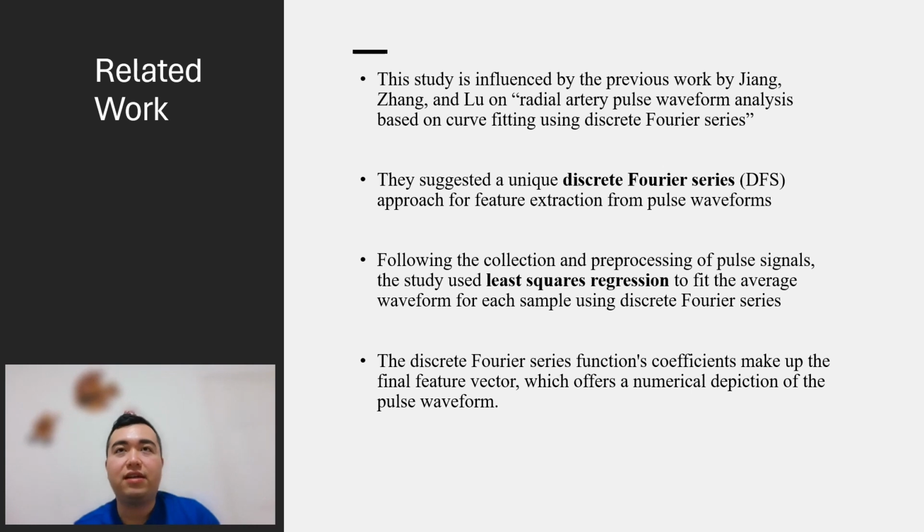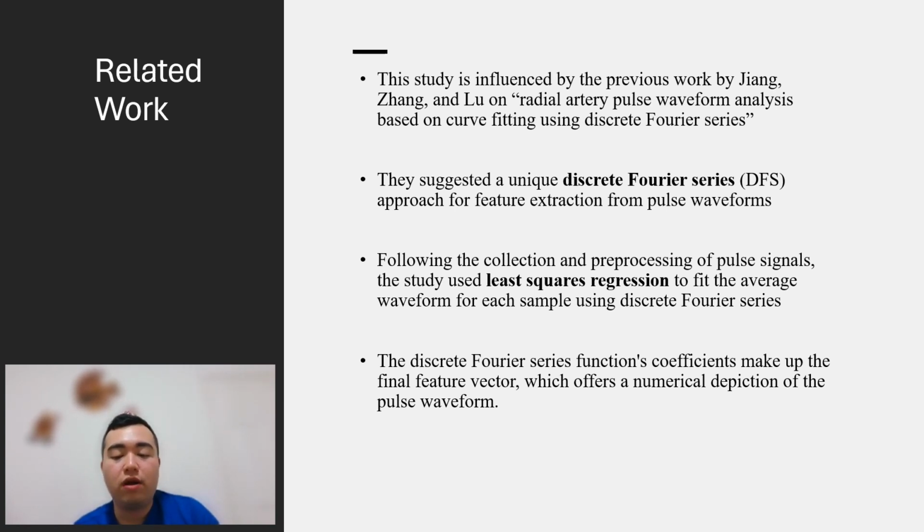So we found a study by Yang, Zhang, and Liu on radial artery pulse waveform analysis based on curve fitting and using discrete Fourier series. Their research suggested a unique discrete Fourier series approach for feature extraction from pulse waveforms. They handled the pulse waveform as if it were a signal made of several subcomponents, each represented by a sine and cosine signal with different amplitude and frequency.